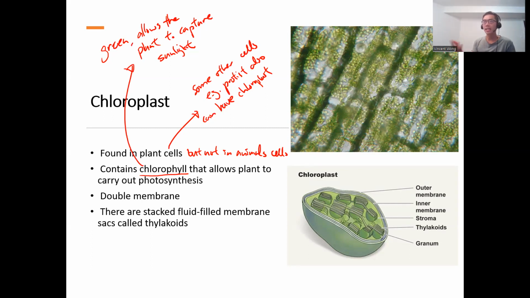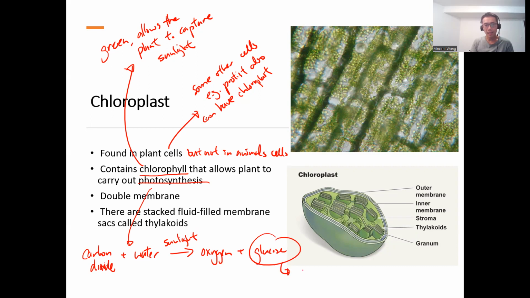Now, a lot of people have this misconception. They think the plant uses photosynthesis to make energy, but that's not true. Photosynthesis is a process that the plant uses to make food. All right, so photosynthesis is carbon dioxide plus water produces oxygen and glucose, right, with the help of sunlight.